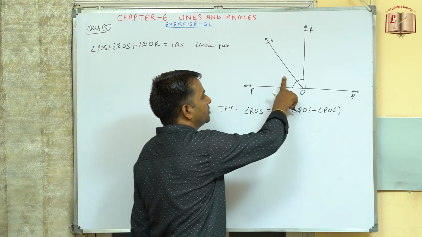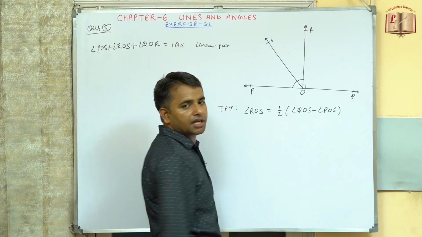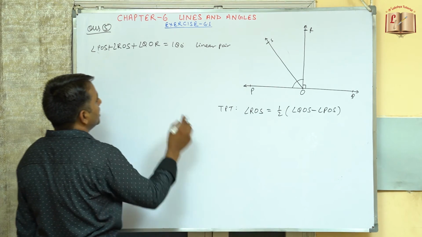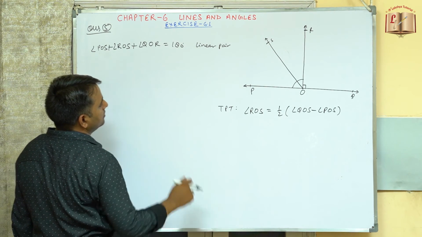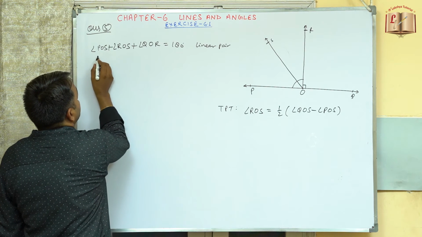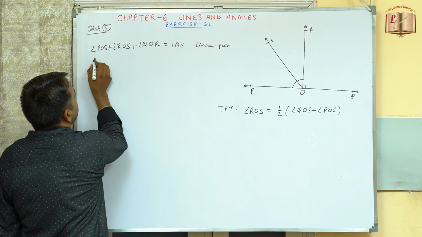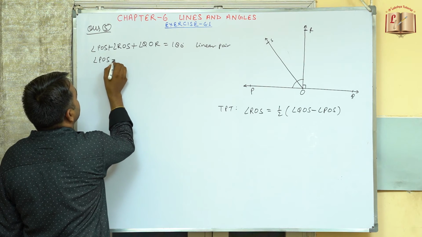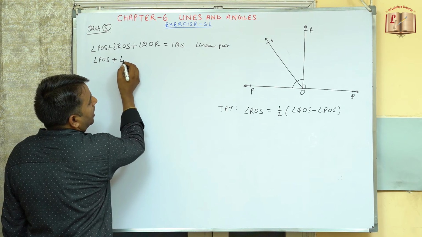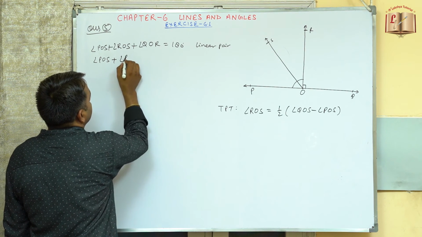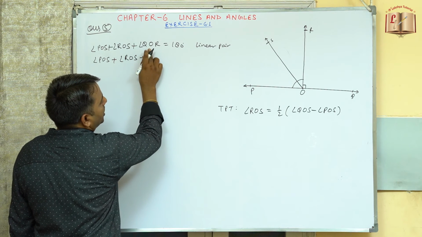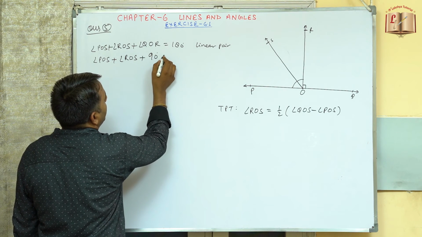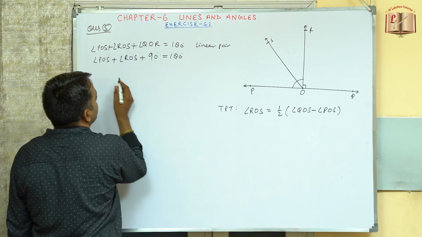So this plus this plus this, the complete angle will be 180 degrees, linear pair. Now angle QOR is already given as 90 degrees, so this will be equal to 180 degrees.